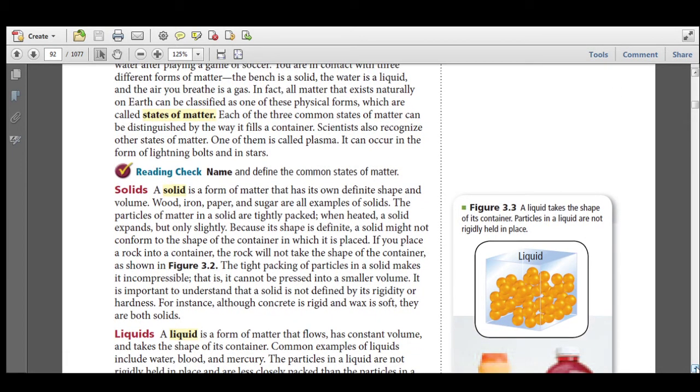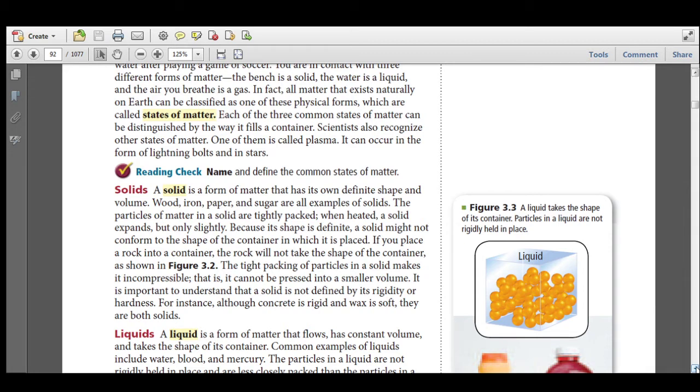A solid is a form of matter that has its own definite shape and volume. Wood, iron, paper, and sugar are all examples of solids. The particles of matter in a solid are tightly packed. When heated, a solid expands, but only slightly. Because its shape is definite, a solid might not conform to the shape of the container in which it is placed.